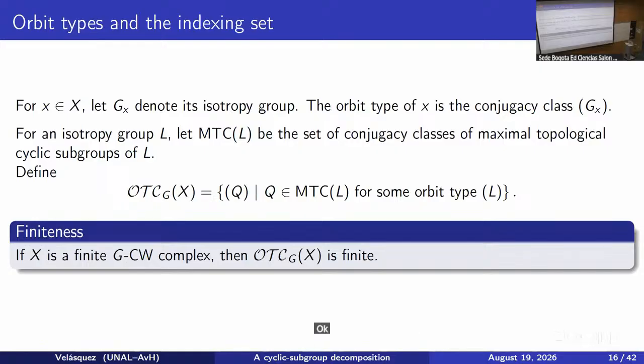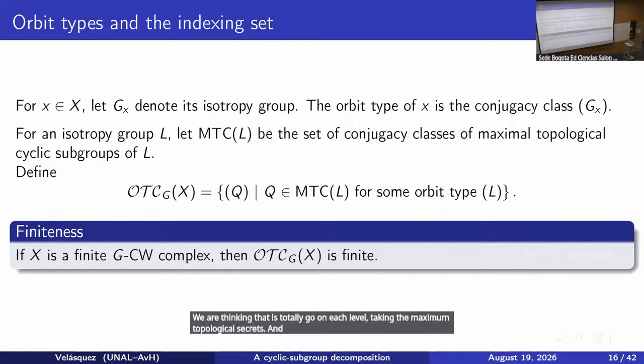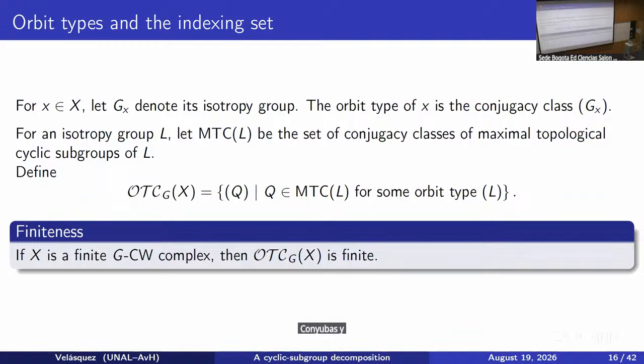We take the isotropy group on each level and take the maximal topological cyclic subgroups, and this other set OTC is the conjugacy classes of maximal topological cyclic subgroups for some orbit type. Then we take the isotropy groups, take the maximal topological cyclic subgroups, and put all of this in only one set. This is the OTC.